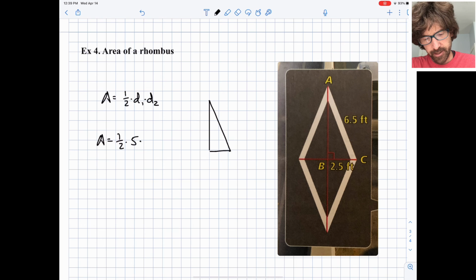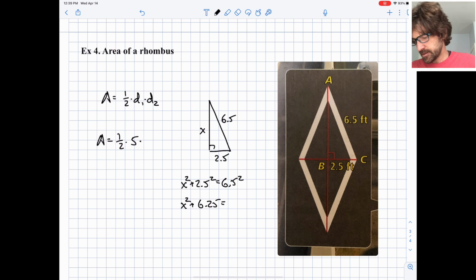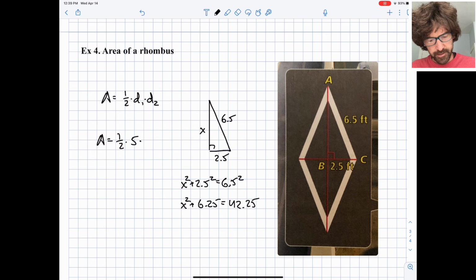And let's see, if we have a hypotenuse of 6.5 and a leg of 2.5, we can find x right there. We can say that x squared plus 2.5 squared is 6.5 squared. So x squared plus 6.25 is equal to 42.25. Oh, and this is going to be pretty friendly.